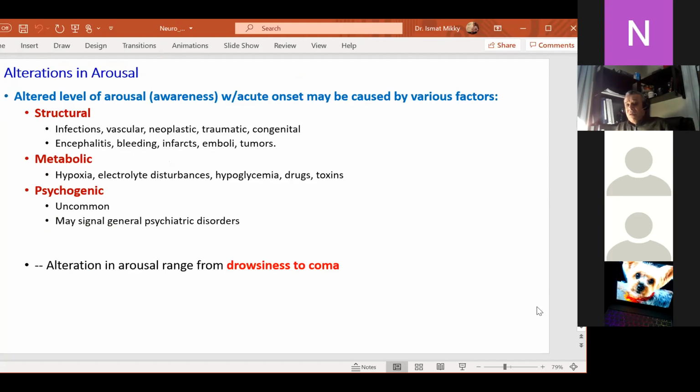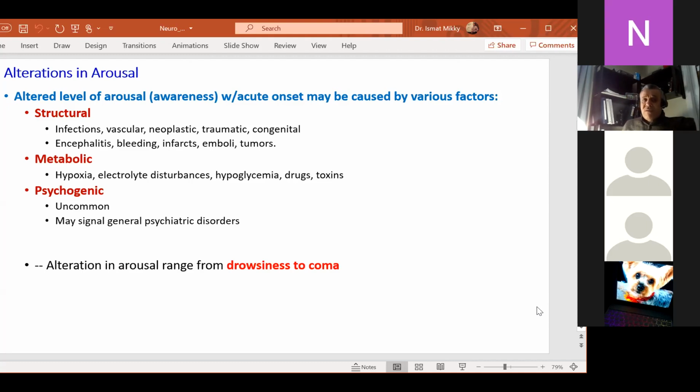When we refer to the mental status, we mean the consciousness, the arousal, and the content of thought. The alteration of the mental status, the altered mental status, abbreviated as AMS, could be due to structural, metabolic, or psychogenic causes.